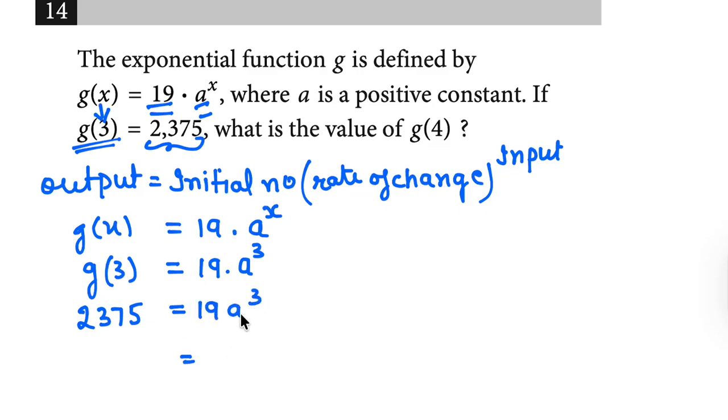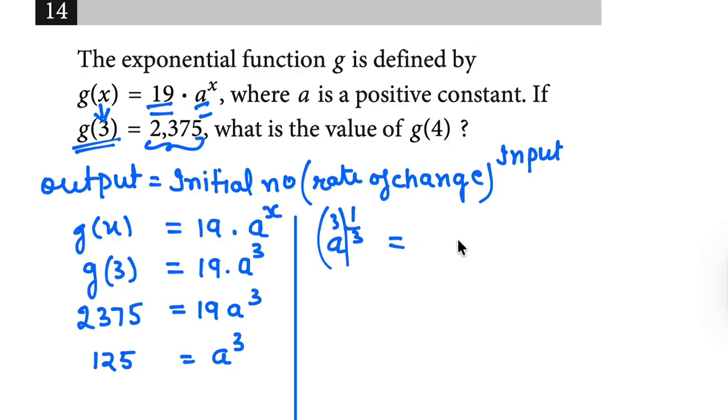Now because we need to calculate a, a needs to be isolated. The first step is dividing by 19 on both sides. Use the calculator. a cubed is equal to 125. The next step is we need a, not a cubed. So raise both sides to the power 1 by 3.